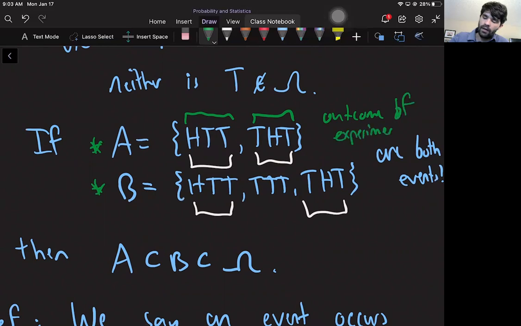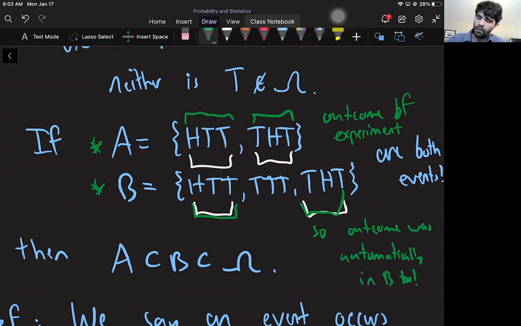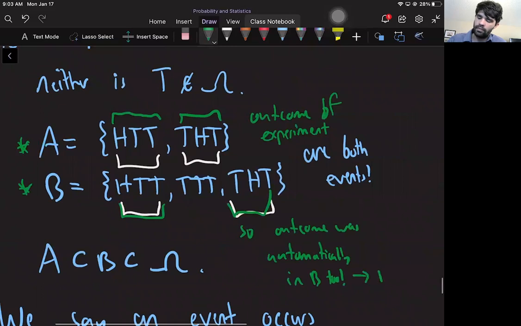So if A occurred, then the outcome was one of these from the experiment, but those are both in here. So B must have also occurred because the outcome of the experiment was in B automatically. And that would mean that B occurred as well.